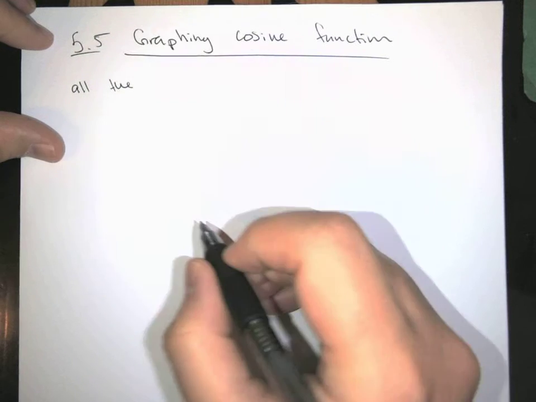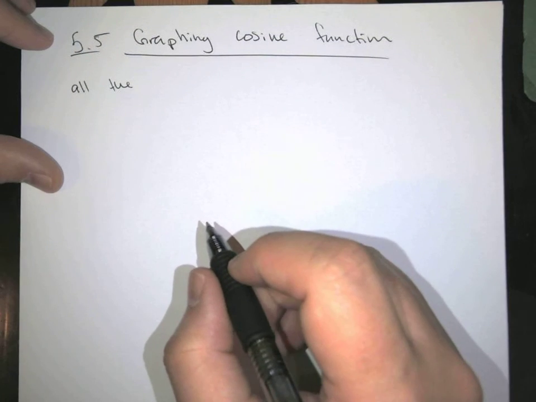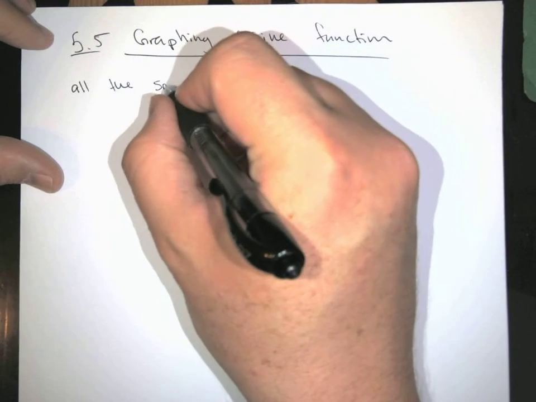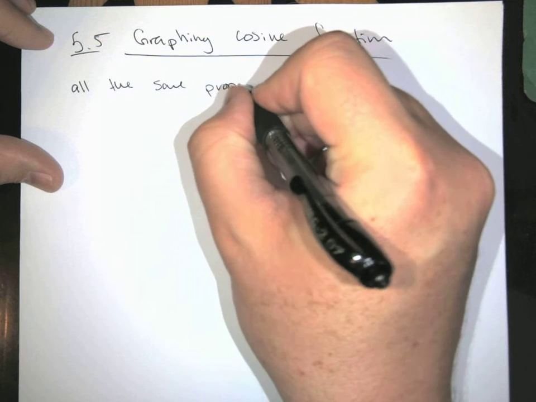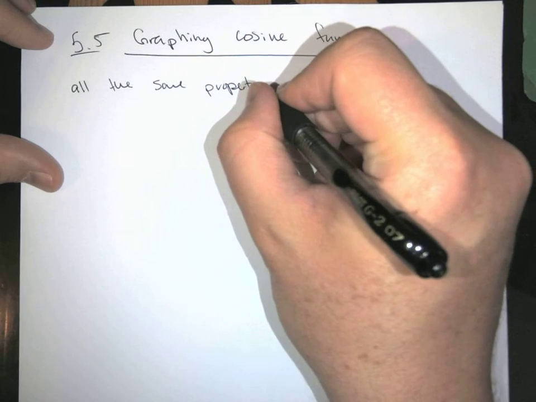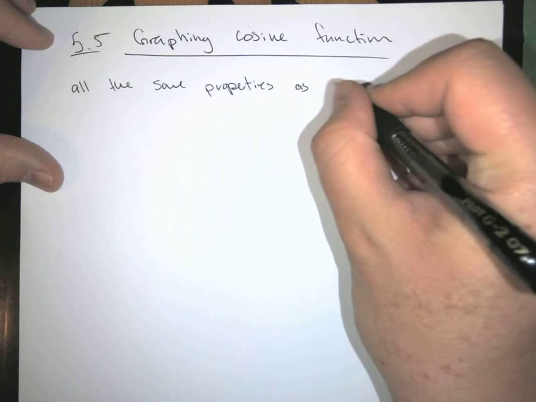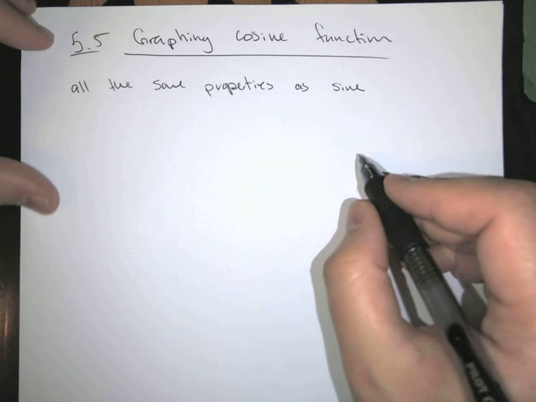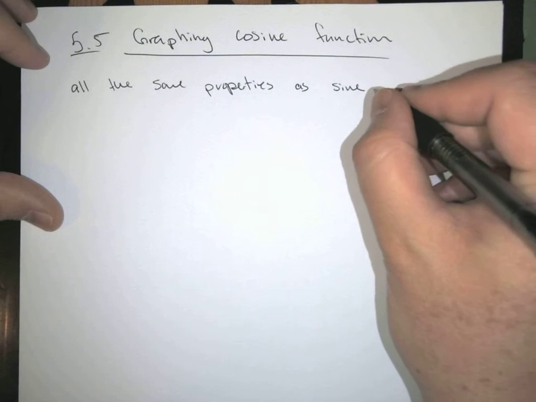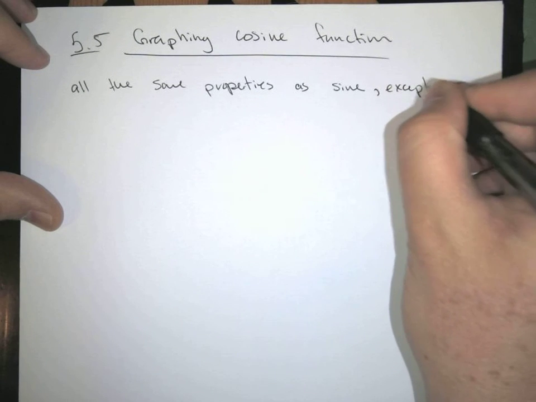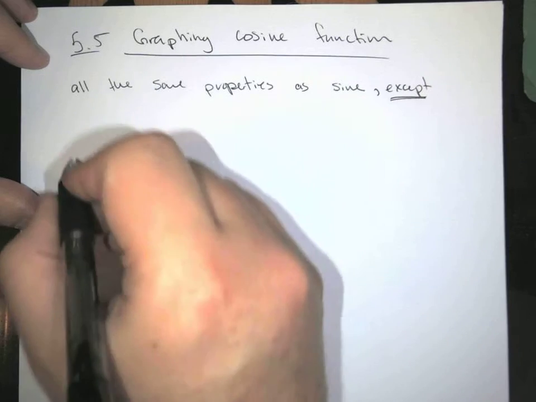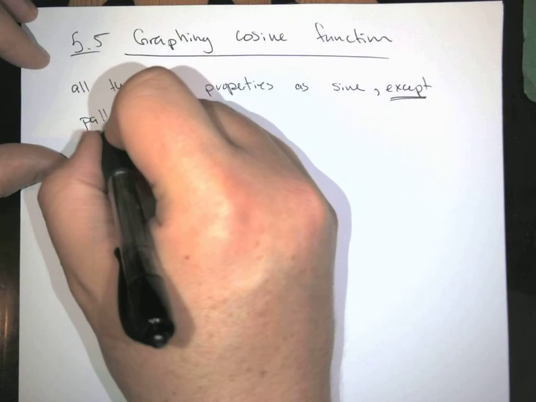So it's got the same kind of maximums, minimums. It's going to have the same cycle length properties as sine, with the one exception: the pattern.